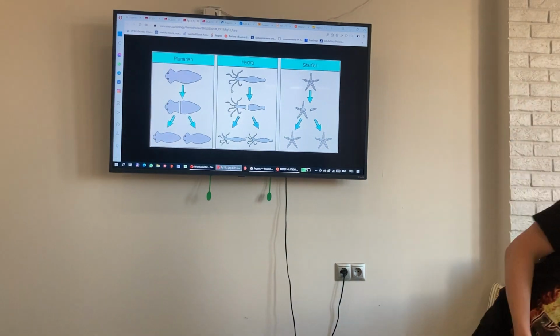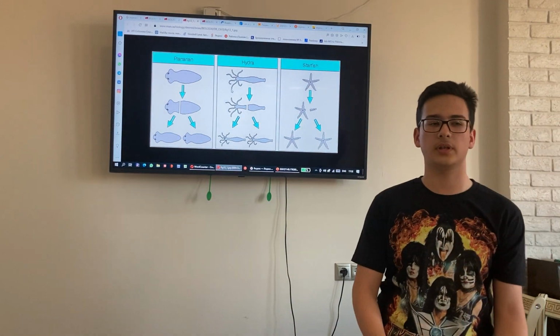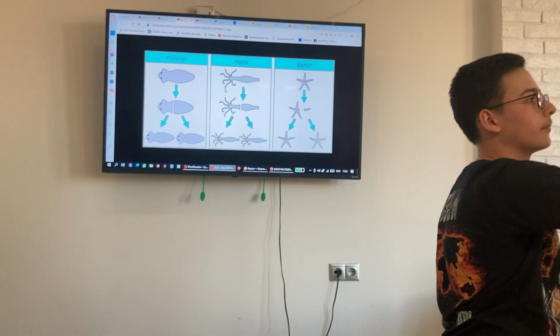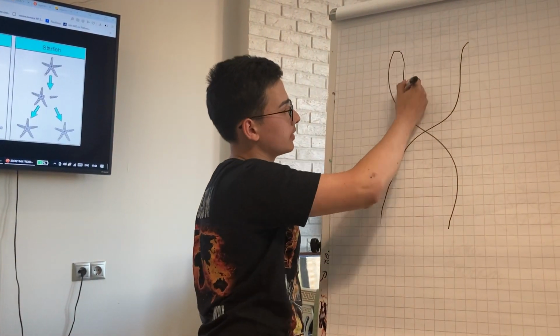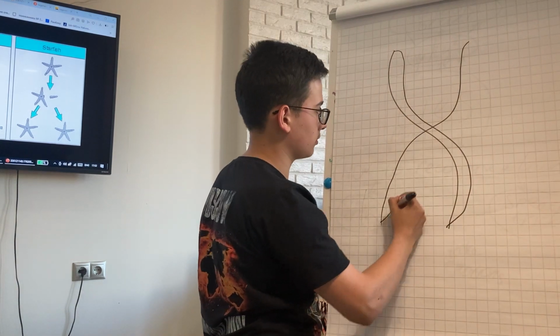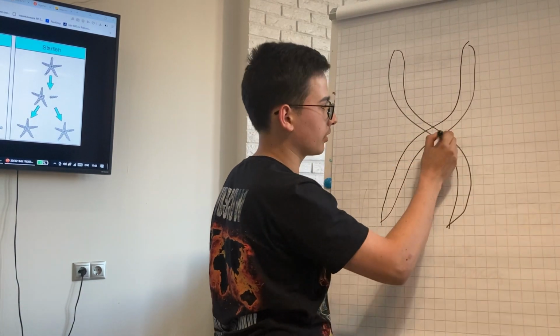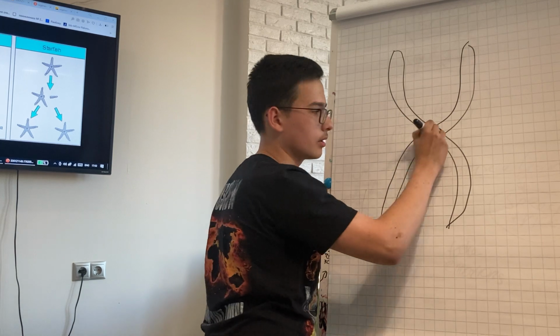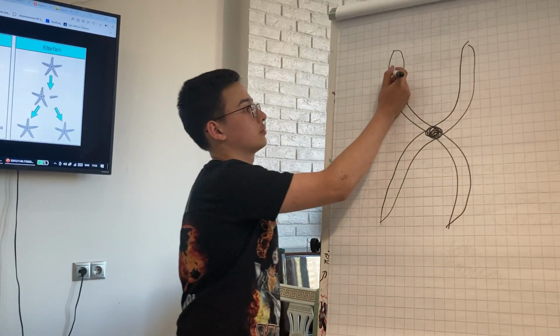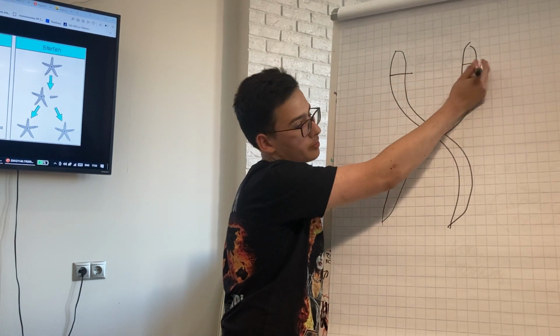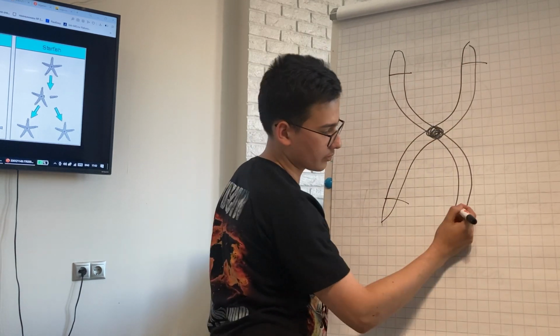Okay. We have a chromosome, yeah? It looks like this. Actually, it doesn't look like this, but when the cell divides, the chromosome looks like this. And here we have telomeres, these parts of the chromosome.